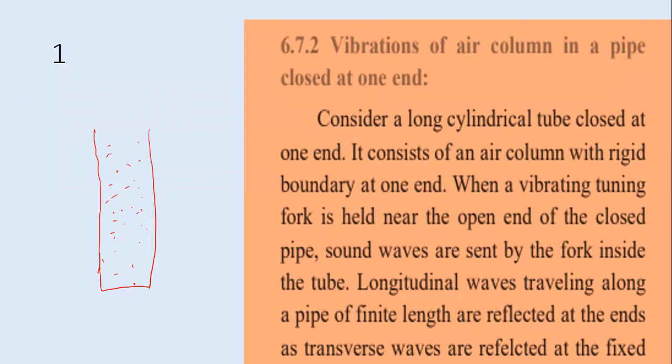This is the air column with a rigid boundary at one end. At this end, there is a rigid boundary. At this other end, there is a free boundary. When a vibrating tuning fork is held near the open end of the closed pipe, sound waves are sent by the fork inside the tube.